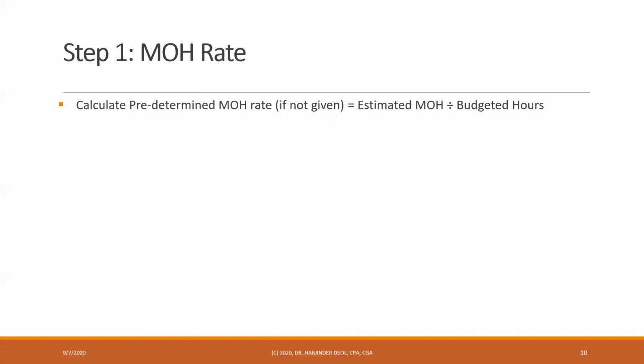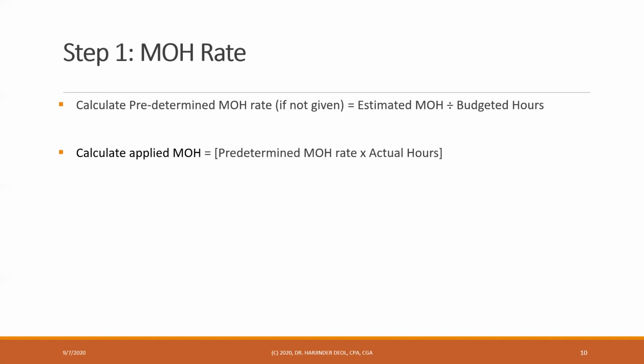Remember, this calculation is done before the year starts. So the company must prepare a listing of various manufacturing overhead costs, add them up to get the total estimated manufacturing overhead. Those manufacturing overhead dollars are then divided by the budgeted hours. Typically, it's hours, either machine hours or direct labor hours, to get the manufacturing overhead rate per hour.